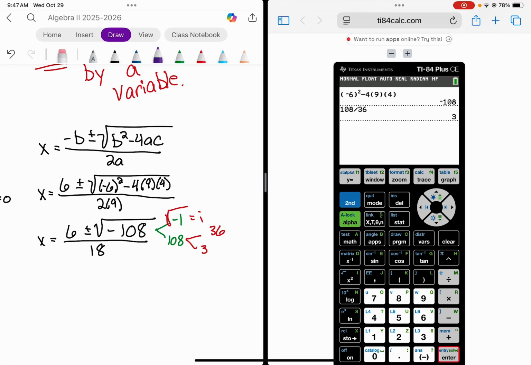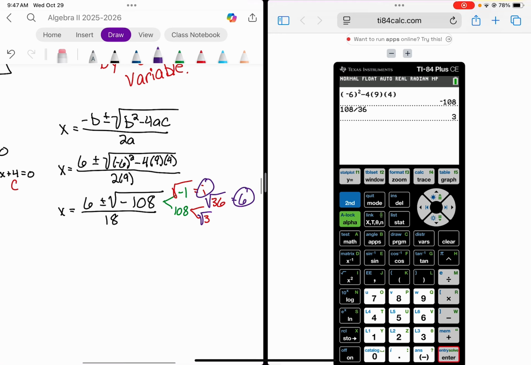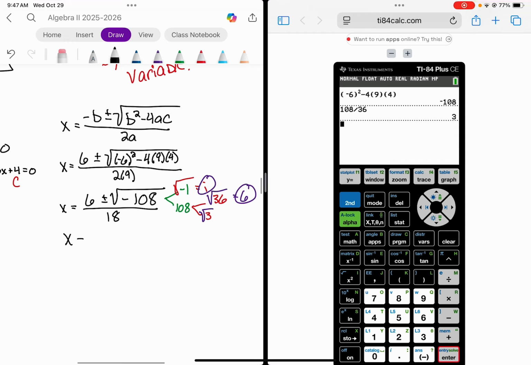And I know 36 is a perfect square, so when I take the square root of that, that's going to be 6. And I can't simplify the square root of 3 any further. So I can take out a 6 and an i from my square root. That will give me x equals 6 plus or minus 6i square root of 3, all over 18.